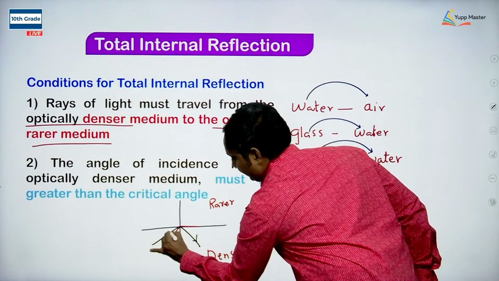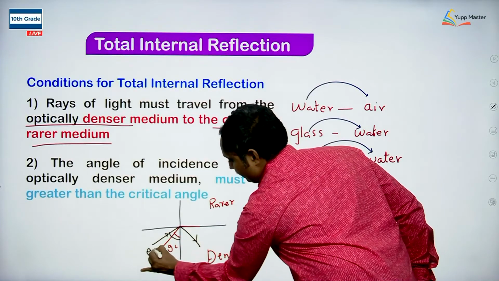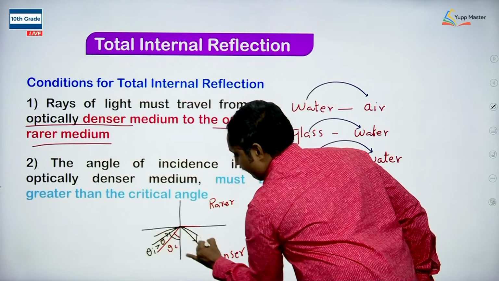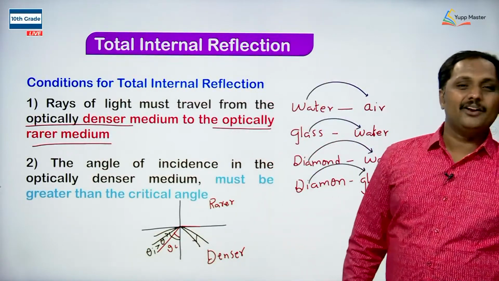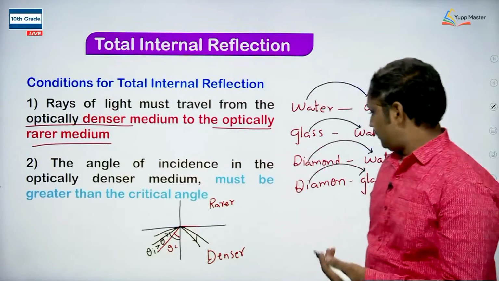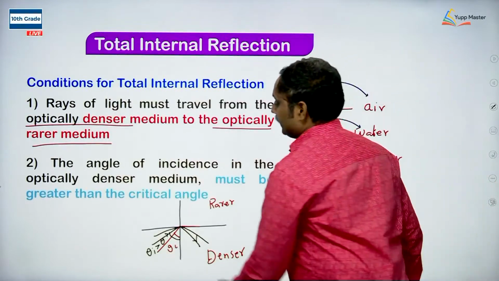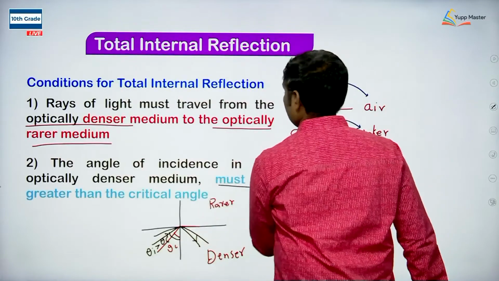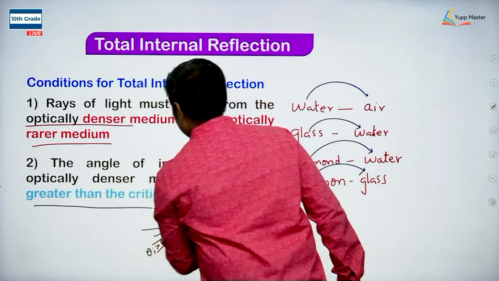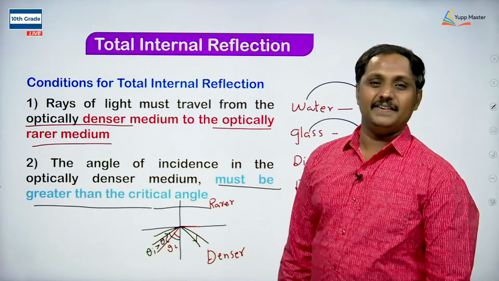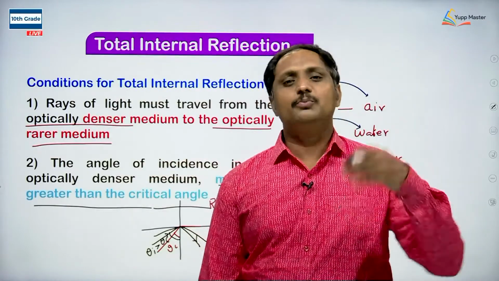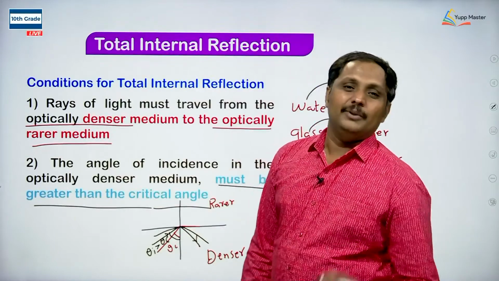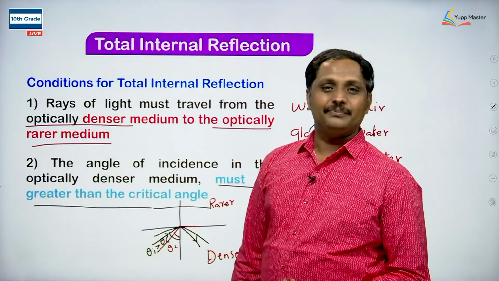So the angle of incidence theta i must be greater than the critical angle. That is a must condition, otherwise the light rays are refracted and escape from one medium to another medium.